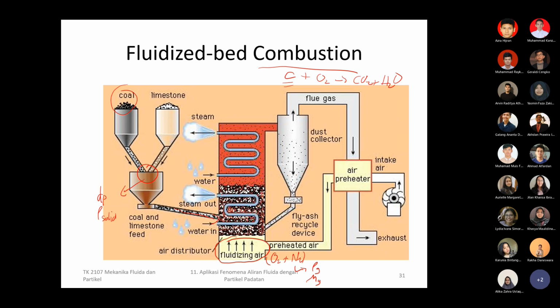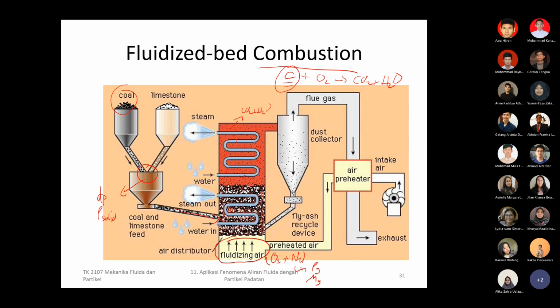When the coal is lifted to the upper part of the combustor or boiler, the particle becomes smaller and smaller. Why? Because the C inside the coal reacts with oxygen, and it ends up as CO2 plus H2O at the top part, which is the flue gas.